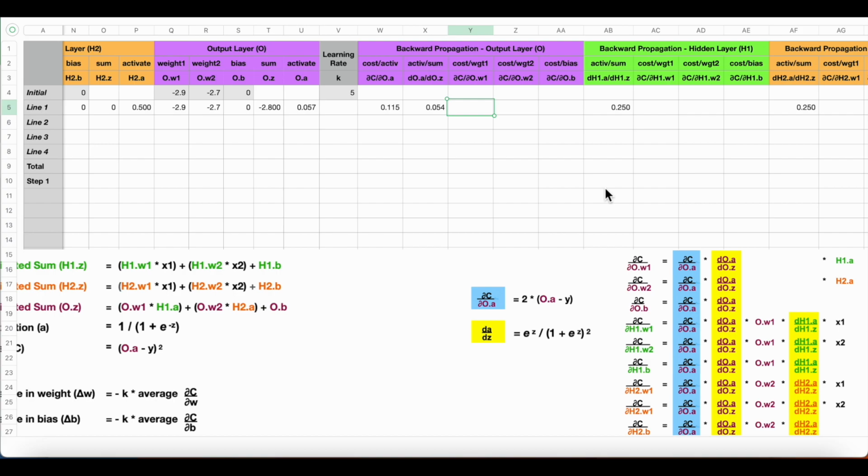So I'm going to set that up using the $ sign symbol, which allows us to preserve the columns.